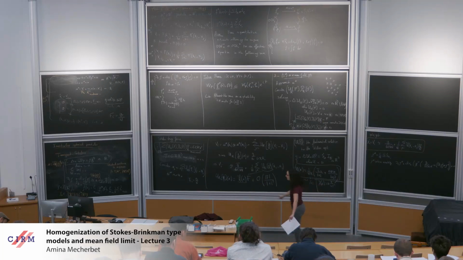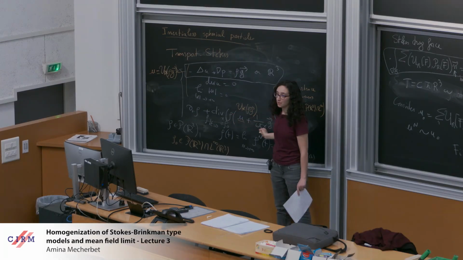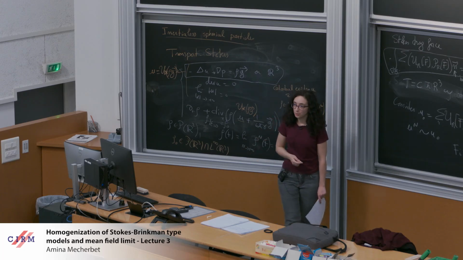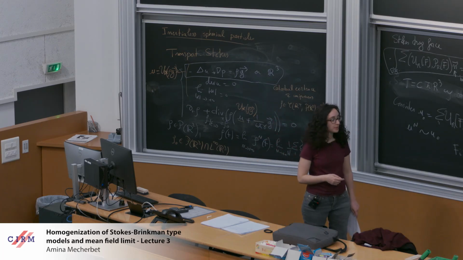But then you see that this is exactly this. Once you replace rho n by rho formally, you get the limit system that we wanted.